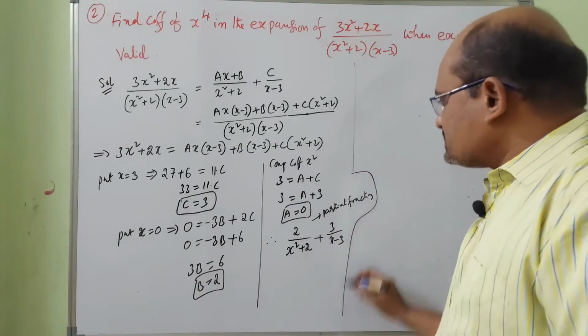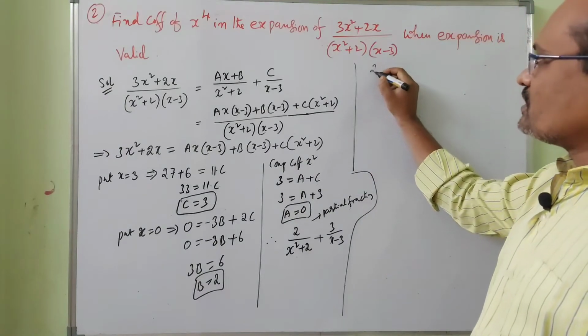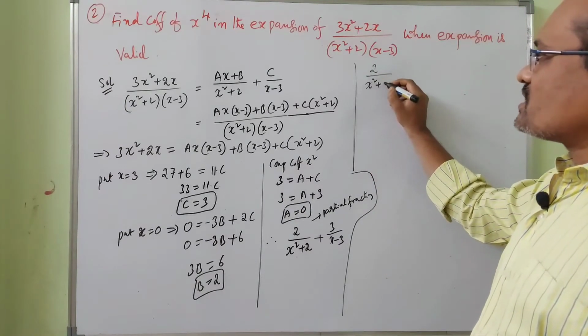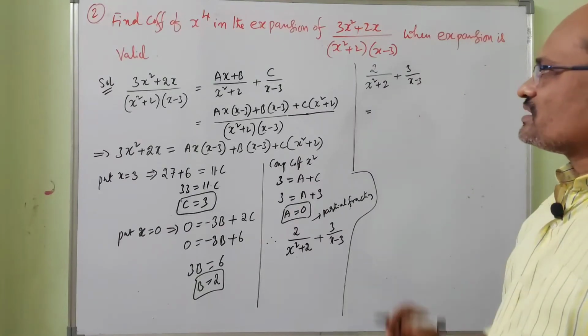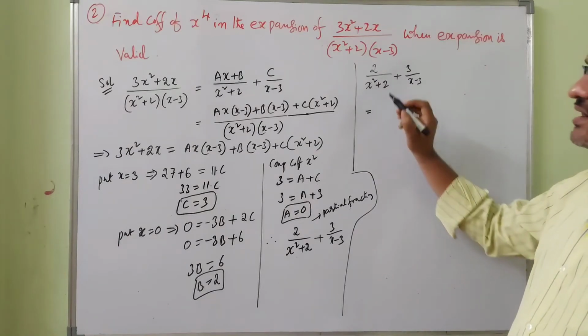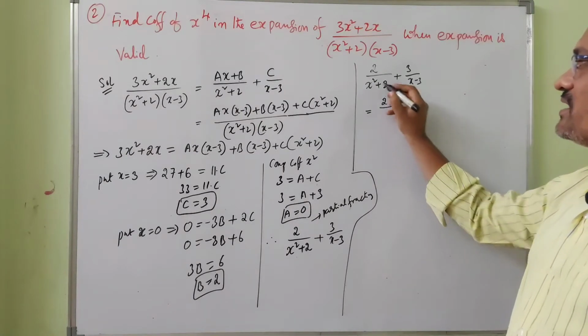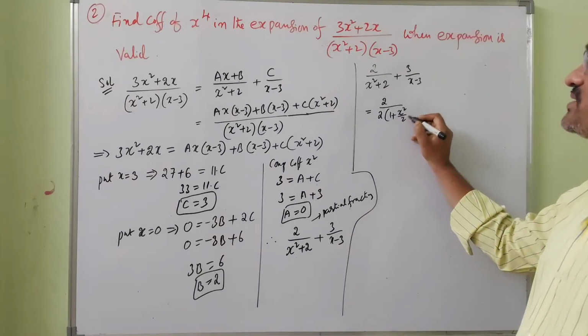Now what I am doing is, I am going for expansions. 2 by x square plus 2 plus 3 by x minus 3. Look what I am doing. 1 should be at the starting. So I am taking 2 common. I will get 1 plus x square by 2.